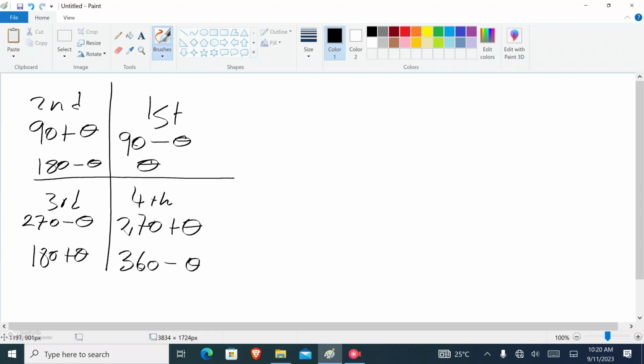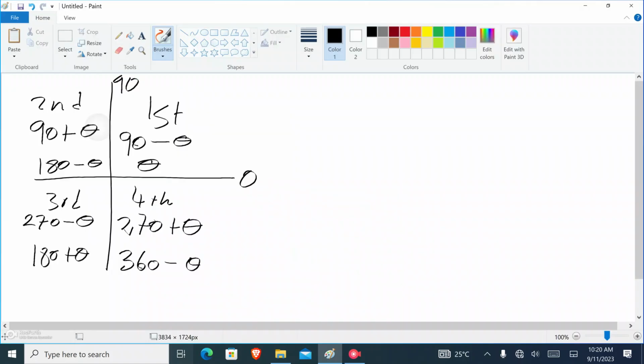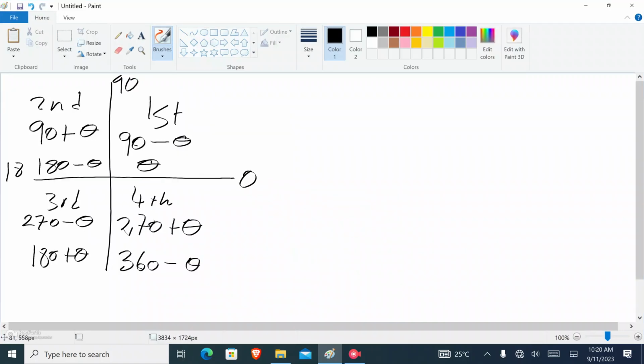Remember guys, this is how we represent the quadrants with both the 180 rule and the co-ratio rule. So be very careful. I'm going to try to separate them so that you can distinguish between the two.